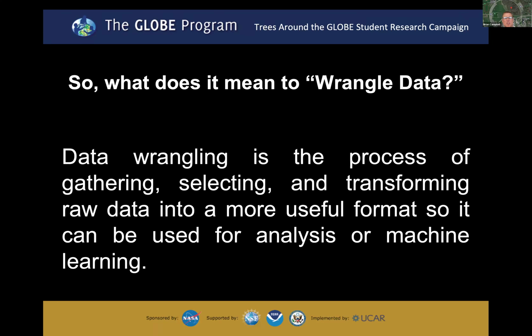So Peder's been really focusing on how to take that data and gather it. How do you gather it? How do you select the data that you want? What does the data mean? What does it mean when there's no data somewhere, like a null hypothesis? All of these things have something to do with wrangling data.